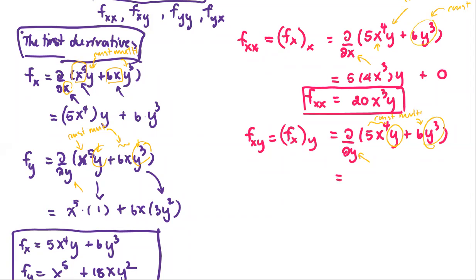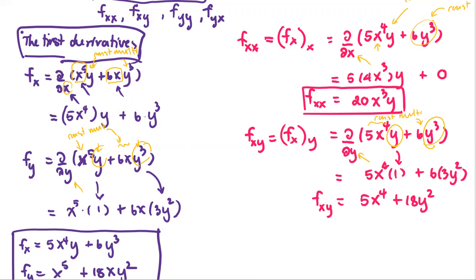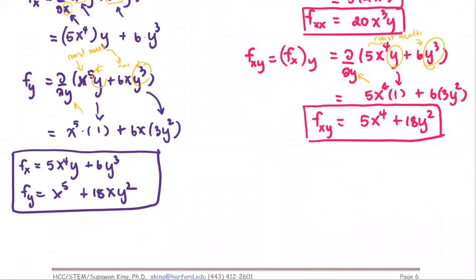Then the partial derivative will be 5x to the fourth multiplied by 1 because the derivative of the y is 1, plus 6 times 3y to the second. Now we get 5x to the fourth plus 18y to the second for the second partial derivative with respect to x and then with respect to y. Okay, 2 down, 2 to go.